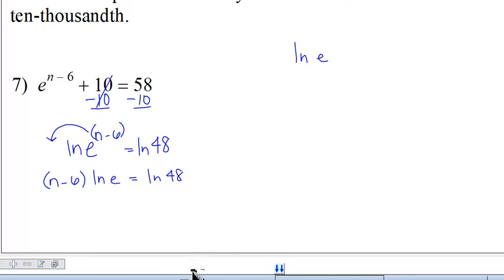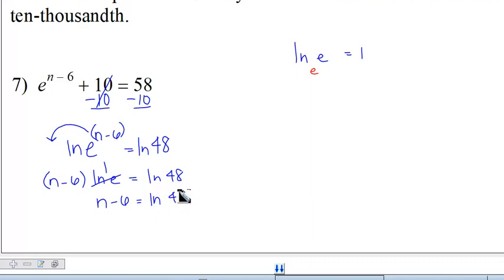So if I wrote the e down here, and I asked you what the exponent was that is right here, you should say 1. E to what power equals e? 1. So anytime you see ln e in your problem, you can replace ln e with the value 1. So 1 times n-6 is just n-6.